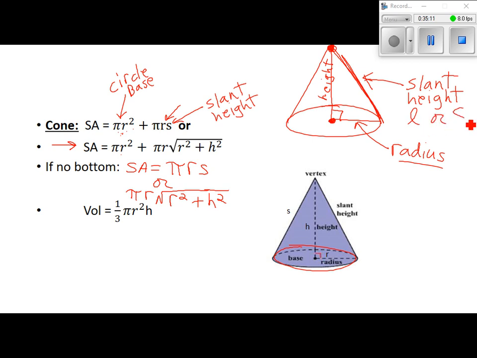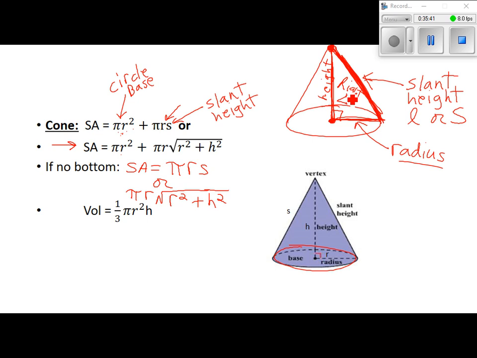So it could be the L, it could be the S. It doesn't matter, you just got to remember that slant height is this right here. And one of the things that you're going to have to be able to do is know that if I have the slant height, the height and the radius together form a right triangle. And we're going to use that right triangle here in a minute, and we'll talk about that on the next couple of slides.